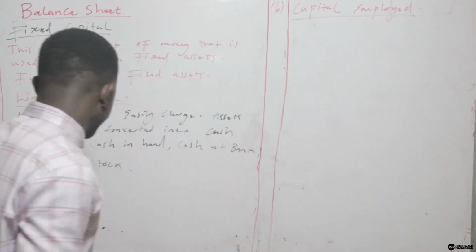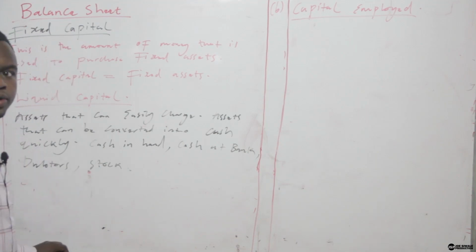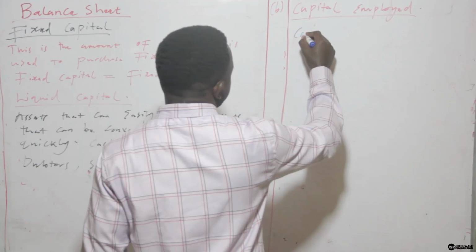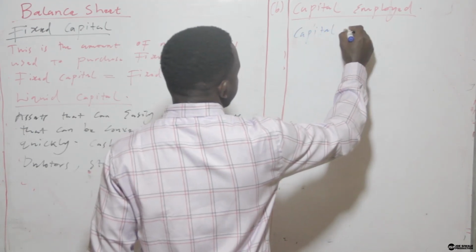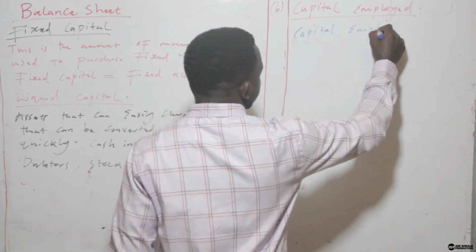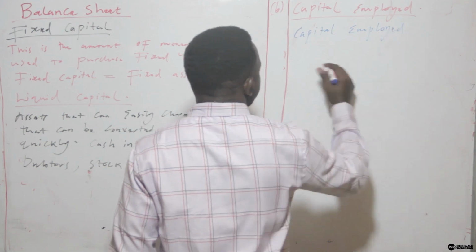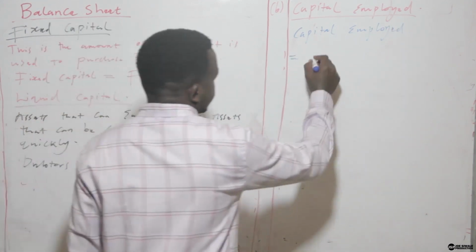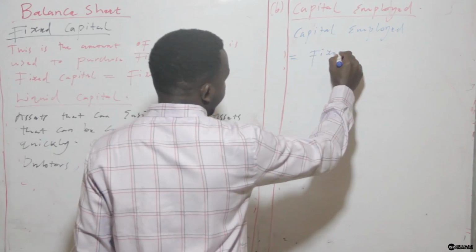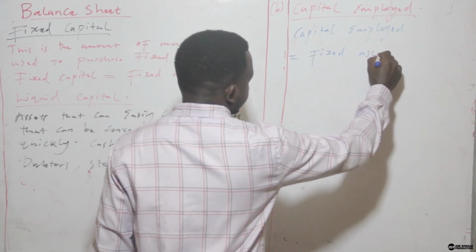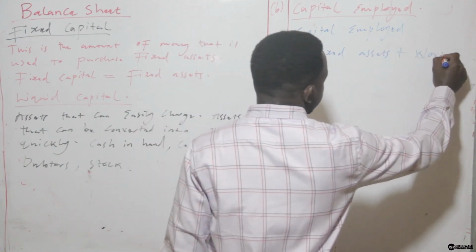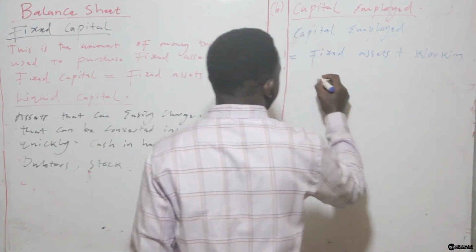And the formula for finding capital employed there, just look at the formula for finding capital employed. The formula that we use for finding capital employed, we say fixed assets plus working capital.